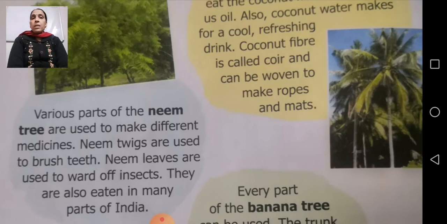From neem leaves we are also making syrup, and that Safi syrup which you have heard of is formed by these neem leaves only, and it is very good for the purity of our blood. Whatever kind of impurity is there in your blood can be cured by that syrup of neem.